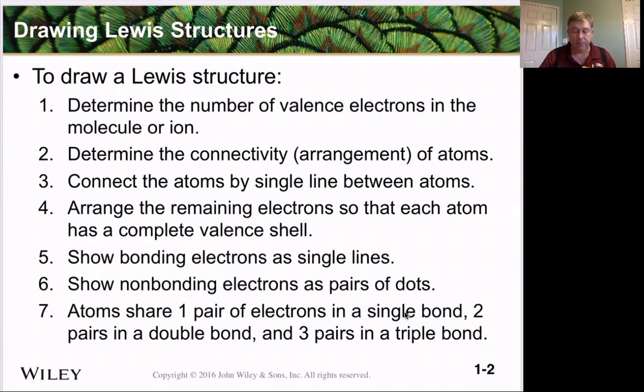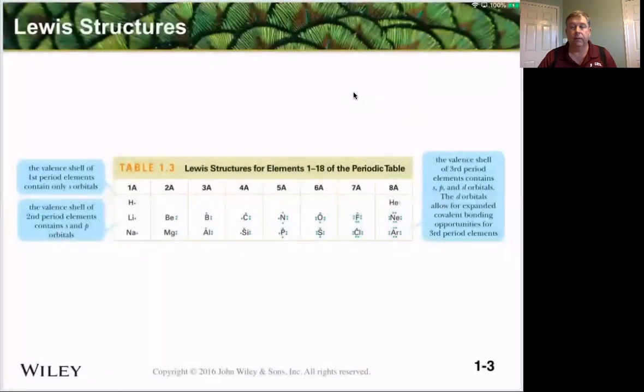As we looked at before, we can look at the number of valence electrons by sharing our screen here. Right here, we can go to the table, and for anything in our group 1A, we have 1 valence electron, and then 3, 4, 5 tells us how many valence electrons we have.